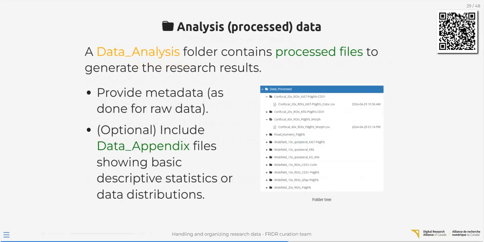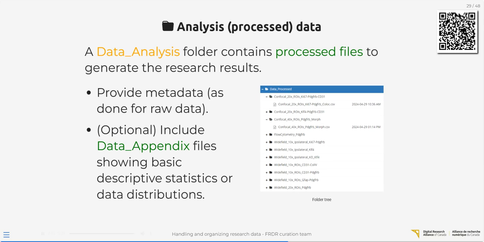After raw data, the next important element is your process data. The data_analysis folder contains the files that have been cleaned, transformed, and prepared to generate your research results. Just like with raw data, you should include metadata to explain the process files clearly.